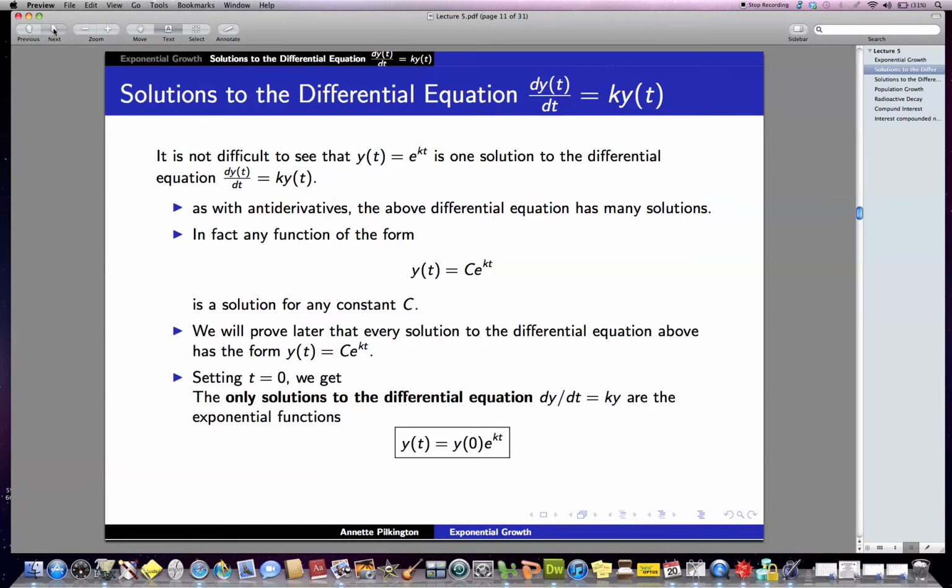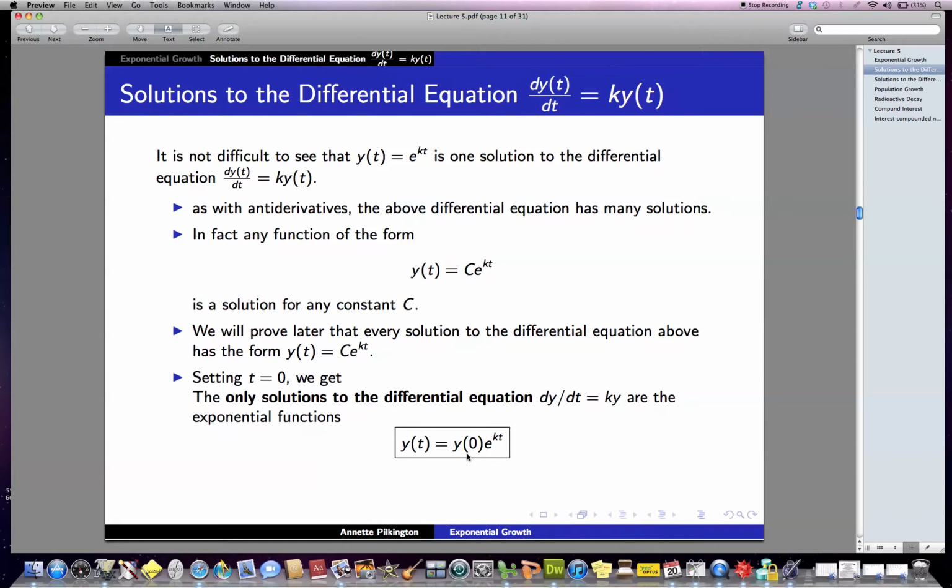I can say a little more about that constant c. If I put t equals 0 into this equation, I get y of 0 equals c times e to the k0, which is c times 1, because e to the 0 is 1. So c is actually the value of the function at 0. The only solutions look like y of t equals y of 0 times e to the kt.